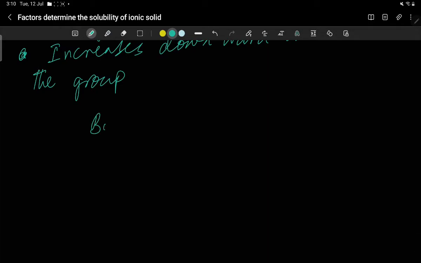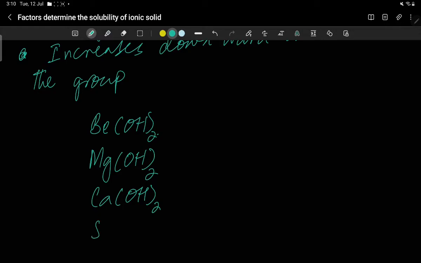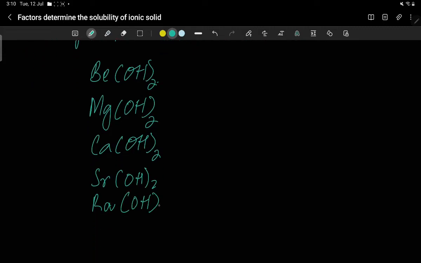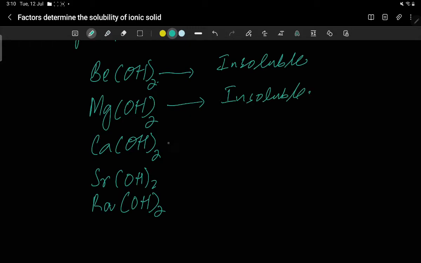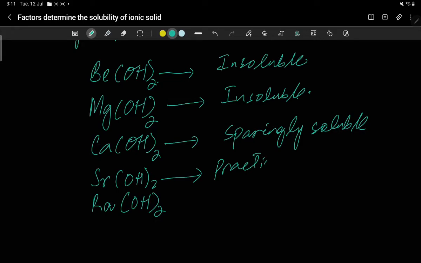Like beryllium hydroxide, magnesium hydroxide, calcium hydroxide, strontium hydroxide, and barium hydroxide: insoluble, insoluble, sparingly soluble, practically soluble, and this is also practically soluble.